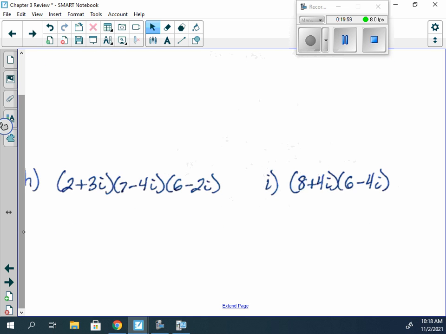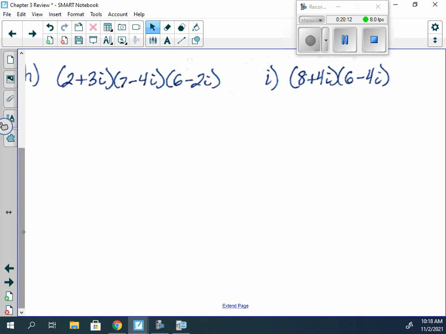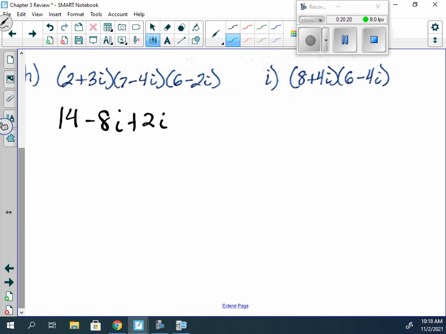H, 2 plus 3i times 7 minus 4i times 6 minus 2i. We can go on to solve it. Because 2 times 7 would be 14, minus 8i plus 21i minus 12i squared.